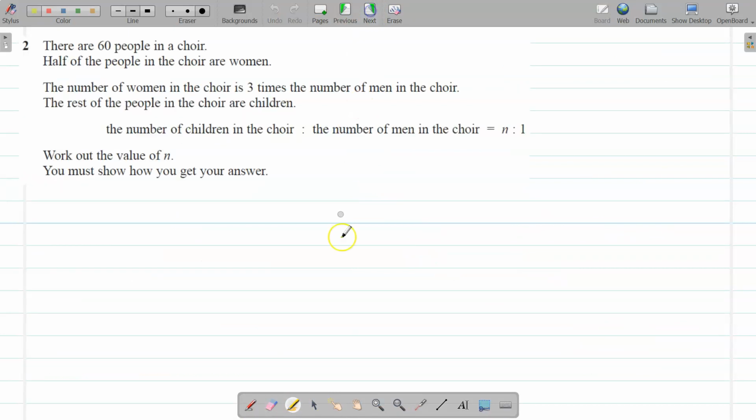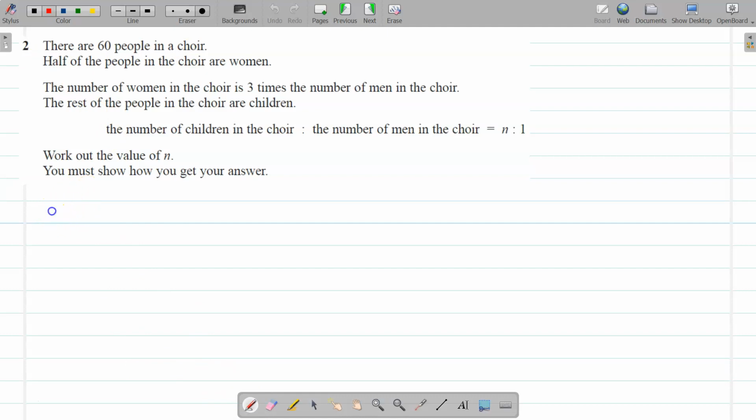Next question. Okay, it says here you must show how you get your answer. So if you just write down the answer, you get no marks because you haven't shown how you got it. So you must show all the steps. 60 people in a choir, half of them are women.